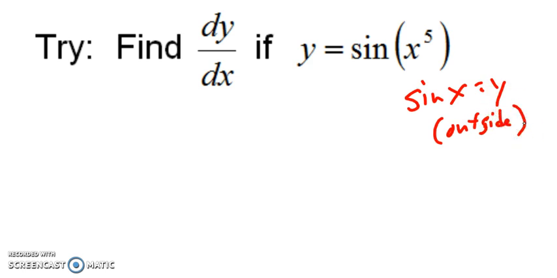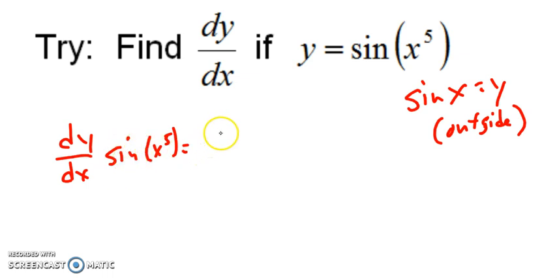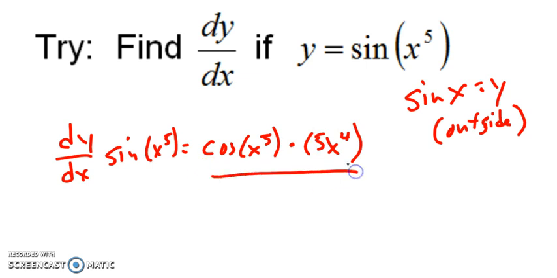So if we're taking the derivative, dy dx of sine of x to the 5th. What's the derivative of the outside function? The outside function is sine, so that would be cosine, and then again we leave the inside function, times the derivative of the inside function, so the derivative of x to the 5th, 5x to the 4th. That's our derivative.